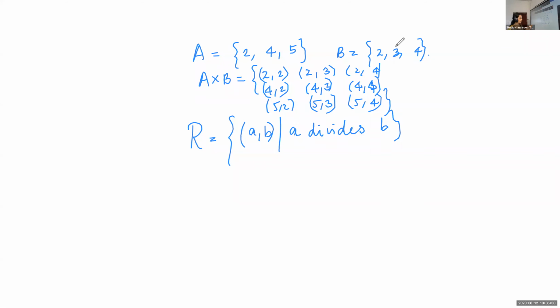What is the relation we are specifying here? We are selecting only those elements where the first element divides the second element. So can you give which are the elements that will be present in R?